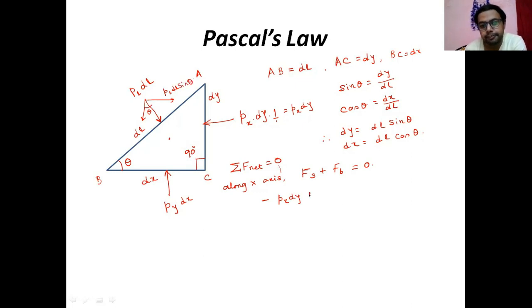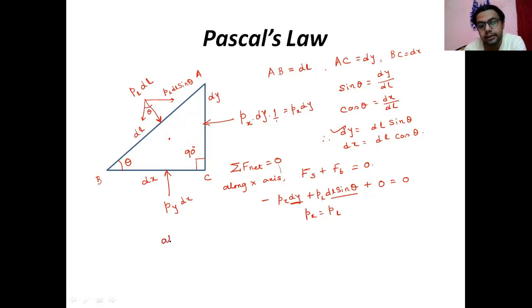So plus Pl dl sine theta, plus body force, which we are not considering along the x-axis, is equal to zero from the equilibrium concept. Already you have seen dy is equal to dl sine theta. So we get Px is equal to Pl from this equation.